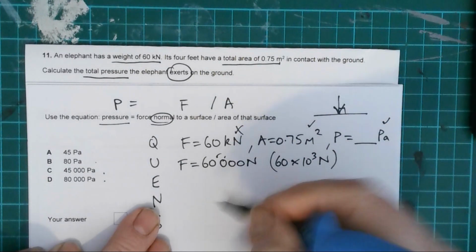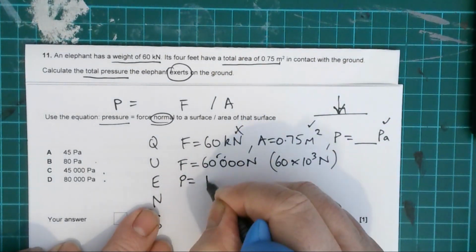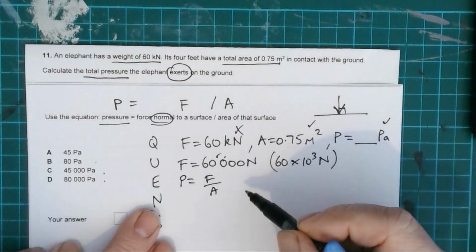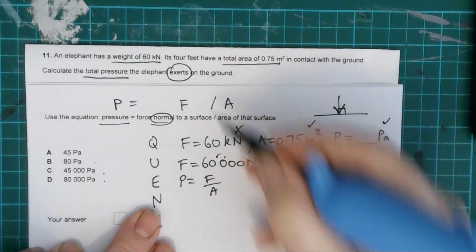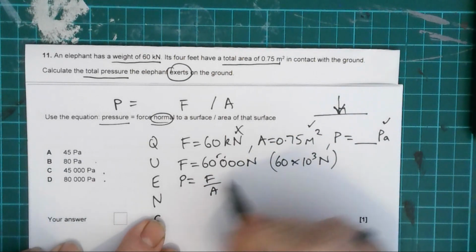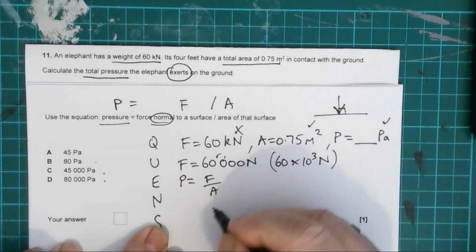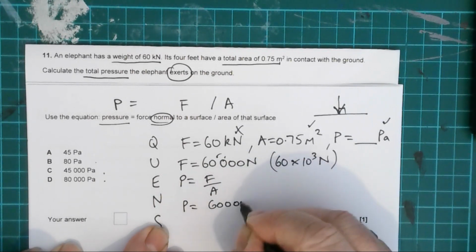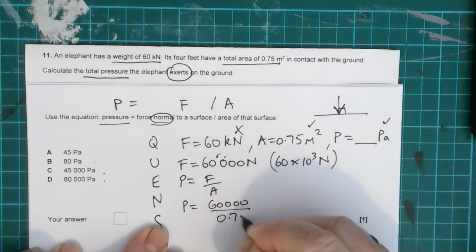The equation is given to me, but I'm going to write it down anyway just to make sure I've got it all sorted. I'm going to write it like that instead of the way they've written it, because it's exactly the same thing. Pressure is force divided by the area. The force is 60,000, so I know what that is. So P, I don't know. F is 60,000 divided by 0.75.